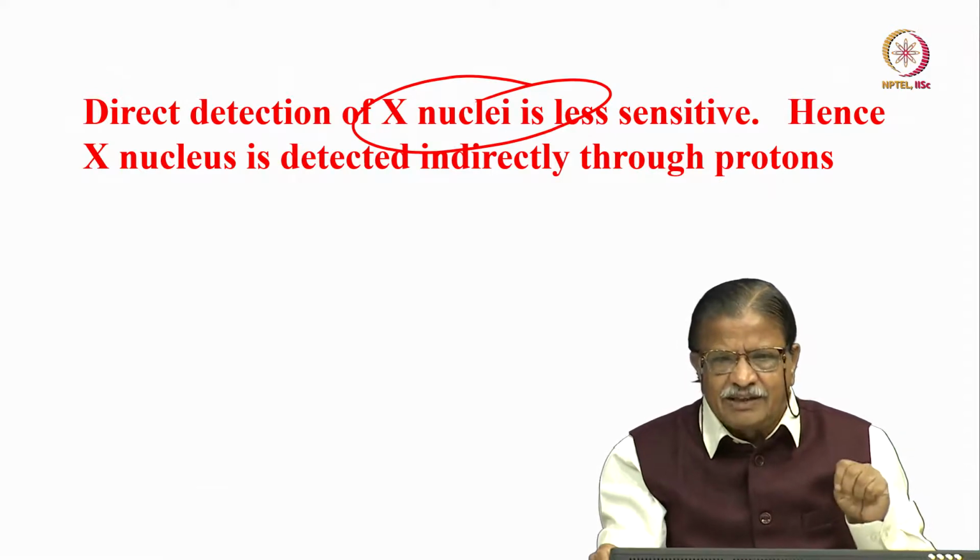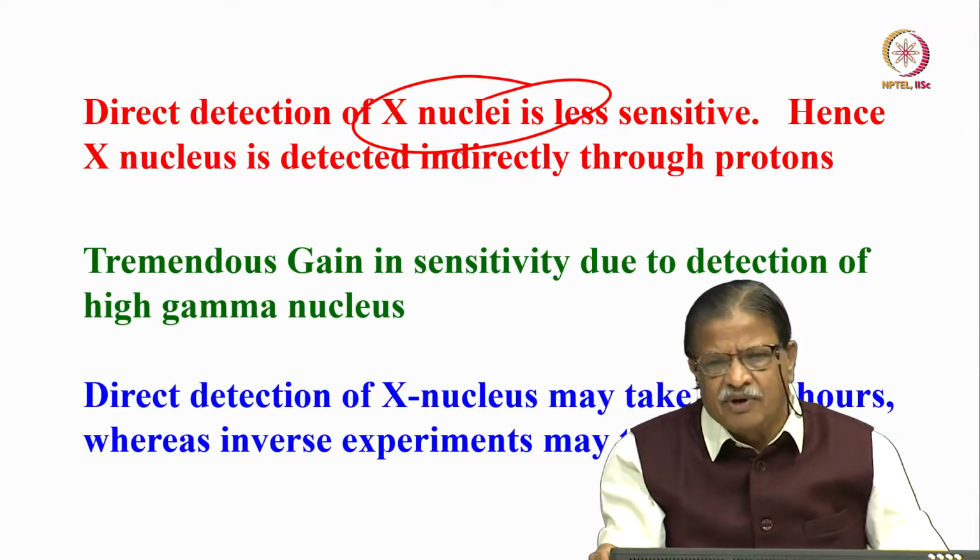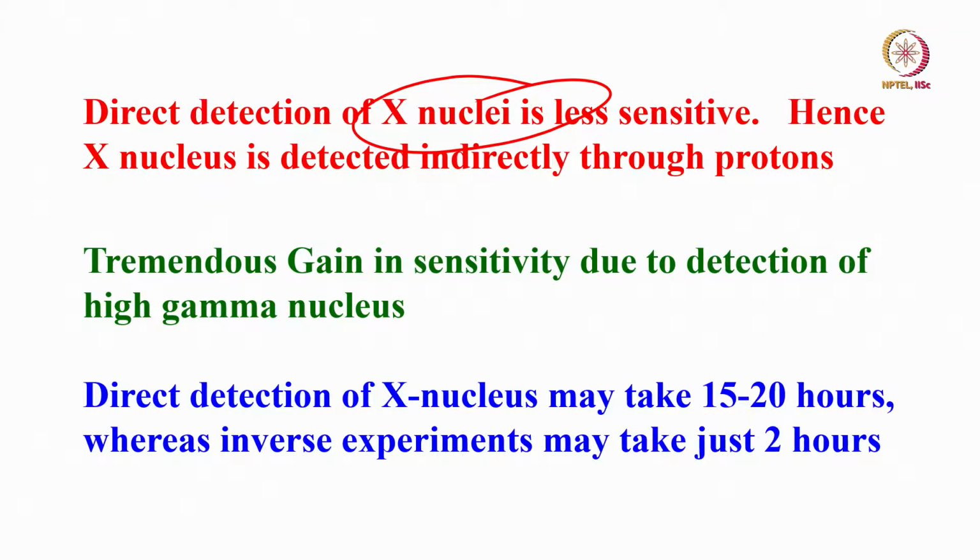Hence, direct detection takes a lot of time, especially for a bigger molecule containing a large number of dilute spins, the less sensitive nuclei carbon. On the other hand, if we do inverse detection by taking the magnetization of the proton, giving it to carbon, and taking it back to proton to detect in the indirect way, there is a tremendous gain in sensitivity if you detect the proton.